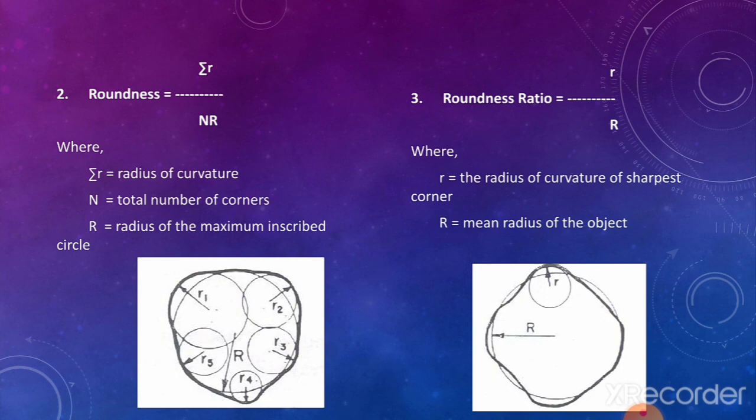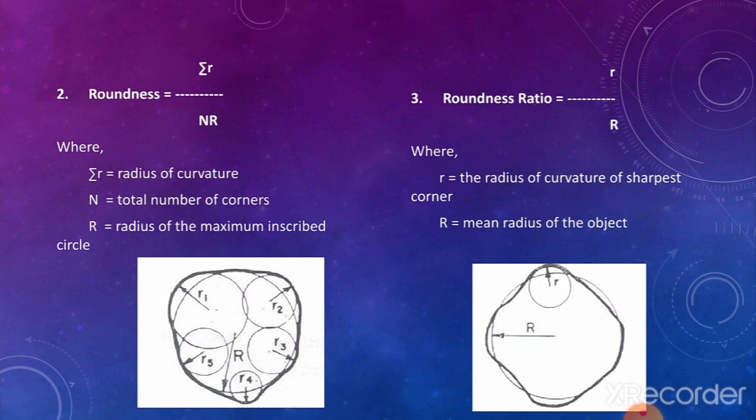So in this way we take an irregular object like a fruit or vegetable, which we place on a paper, and we draw the boundaries of that object. Then where there is an irregular corner, we draw a circle. Then we measure r1, r2, r3, r4, r5. That is, the summation of r is the radius of curvature, and N is the number of corners.